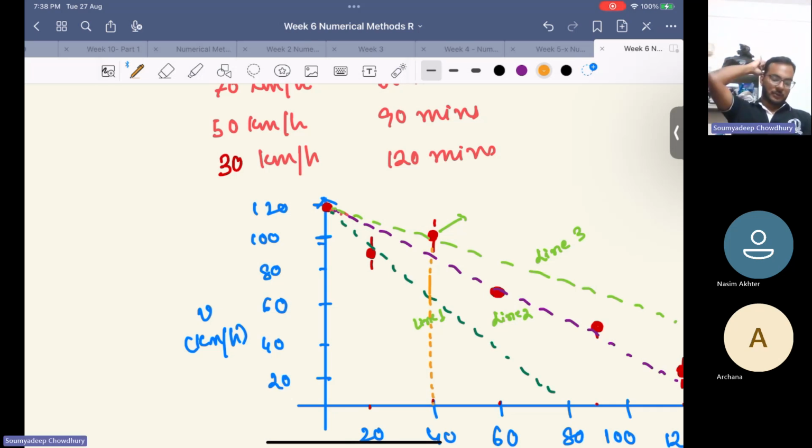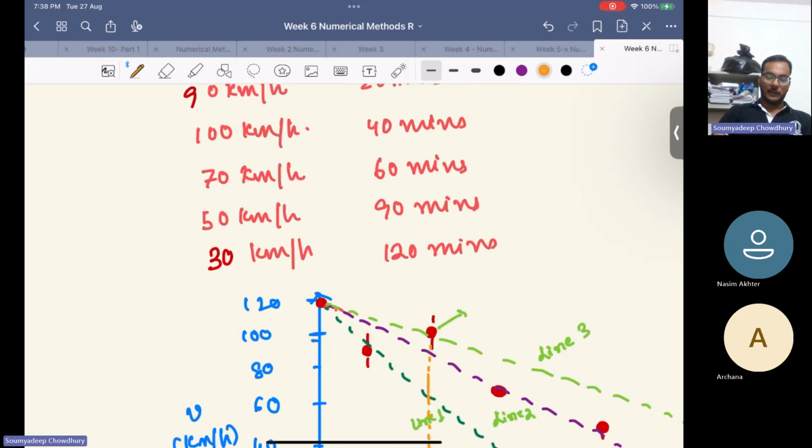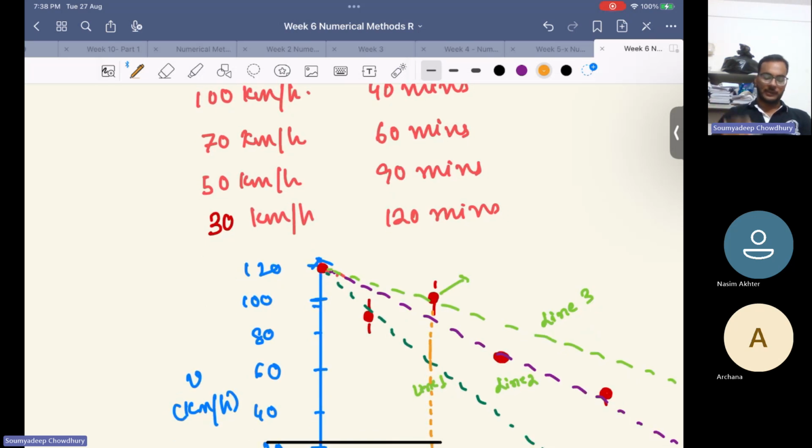Okay, fine. Nasim, can you tell me what is the predicted value here? Exact value you obviously don't know, whether it is less than, equal to, or greater than the actual true value.